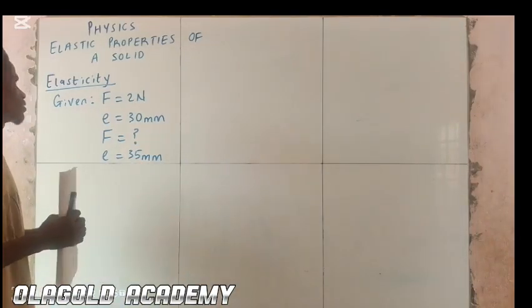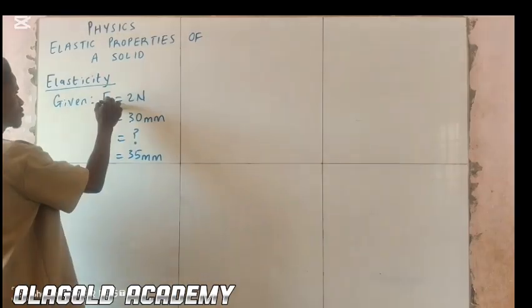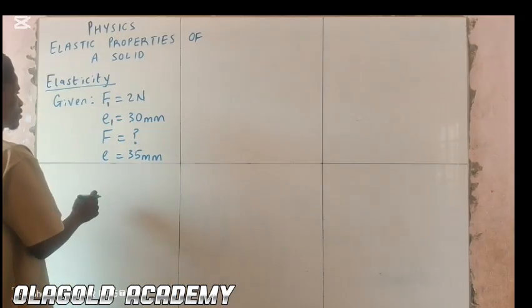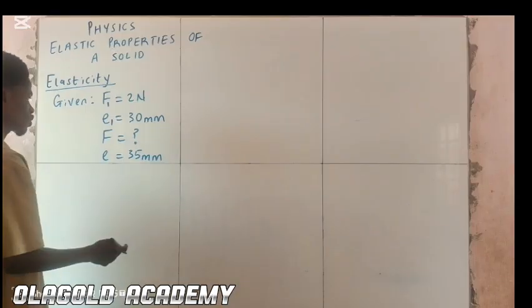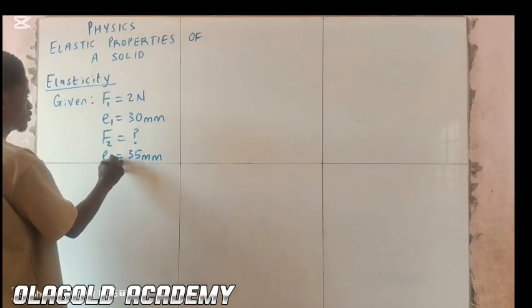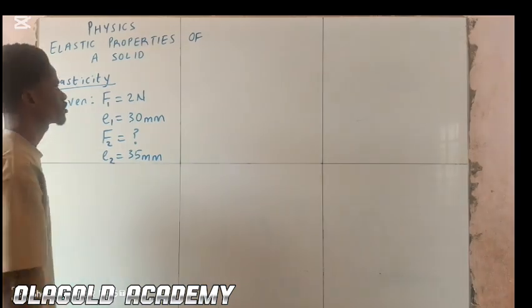All right. So this becomes our F1 and this becomes our E1. The second force becomes F2 and the second extension becomes E2.